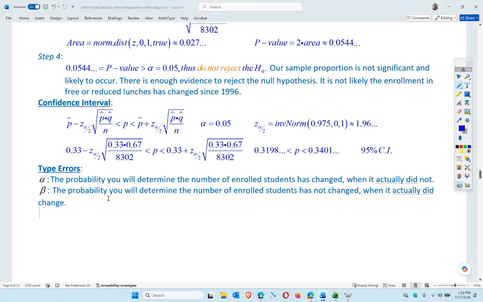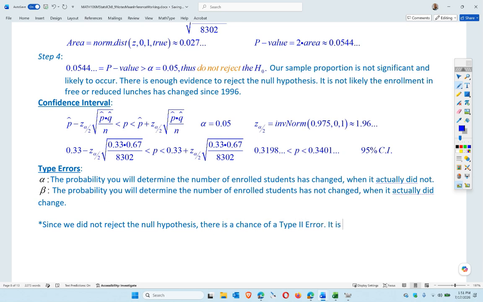So since we did not reject the null hypothesis, there is a chance of a type 2 error.